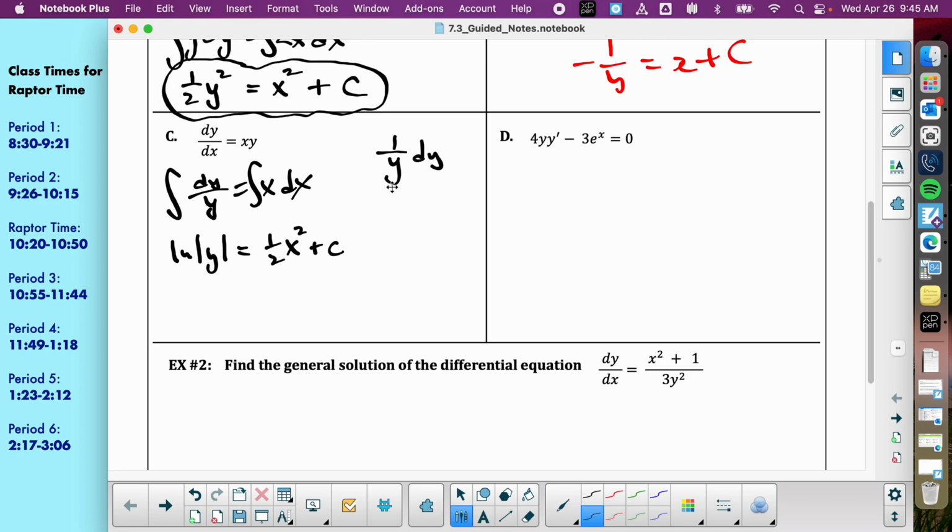The derivative of regular y is 1, so the derivative's on top, even if we need to do u substitution. If you see derivative over original, that's supposed to be your key to recognizing when you do natural log. And so you should get absolute value.